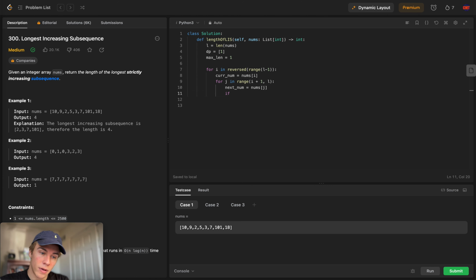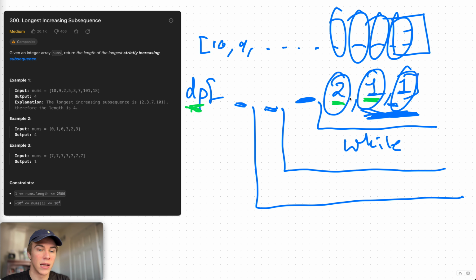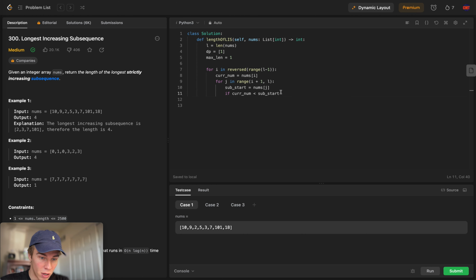And if current num is less than next num, and okay, next num is probably a bad name, let's say subsequence start. I like subsequence start because it gives us an idea as to what we're actually doing. If current subsequence is start, then let's see.